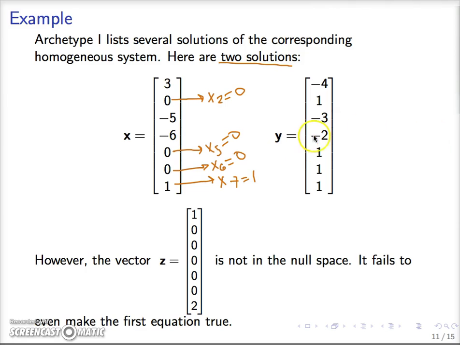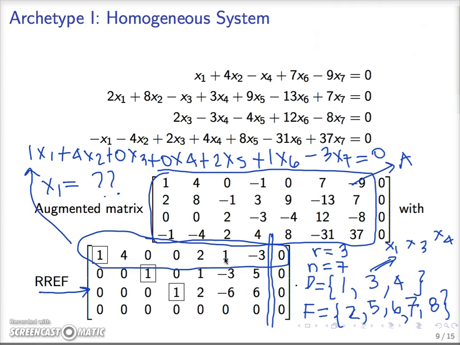The way to verify these are solutions is to plug these values into the original equations. What is being pointed out here is that if you were to use this vector and substitute each value of x with each of these values, you would find that it doesn't satisfy the equations of the homogeneous system, and therefore is not a member.